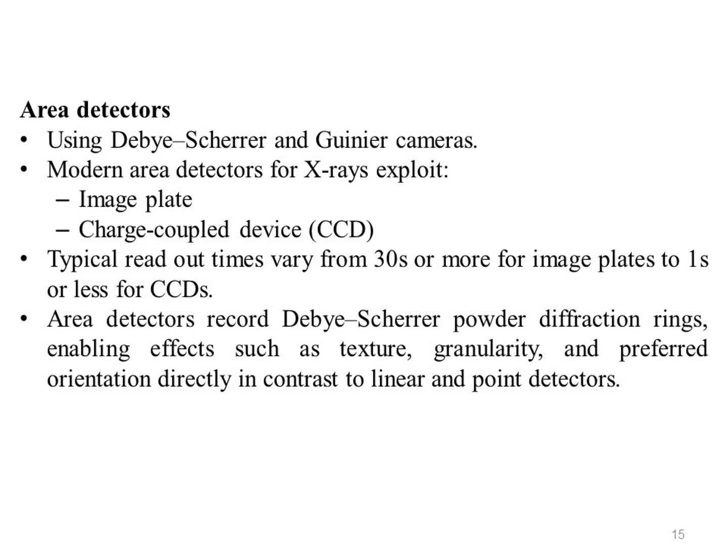Area detectors record part or even whole Debye-Scherrer powder diffraction rings, enabling effects such as texture, granularity, and preferred orientation to be observed directly, in contrast to linear and point detectors. In addition, the large solid angle greatly increases the counting efficiency, enabling data to be more easily recorded from weakly scattering samples.